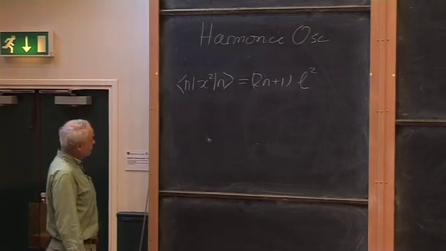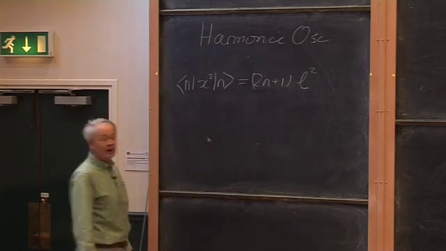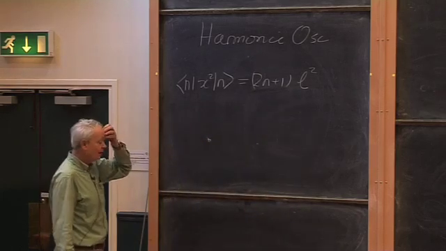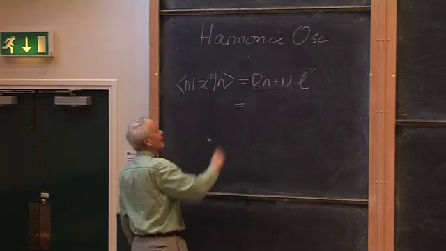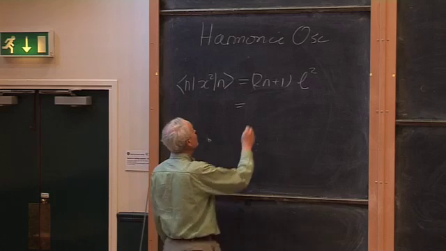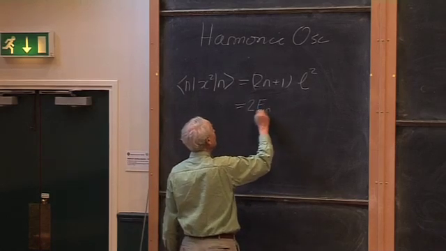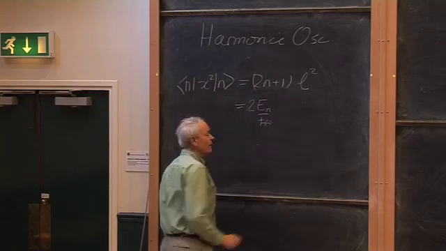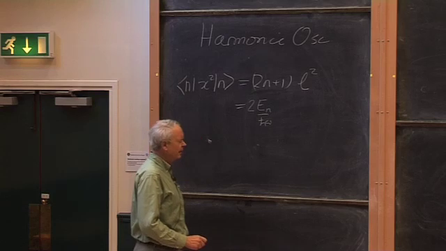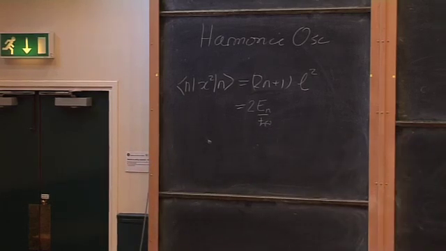So, of course, classical physics doesn't know anything about 2n plus 1, the quantum number, the excitation number. But it does know about the energy, and we know that (n plus a half) h bar omega is the energy. So we can write this as 2 times the energy over h bar omega. And this L squared, well, L was defined to be h bar, I think, over 2m omega.